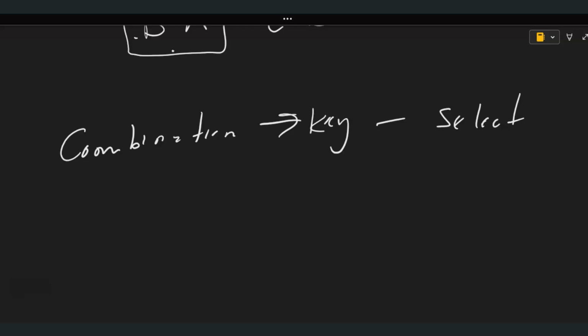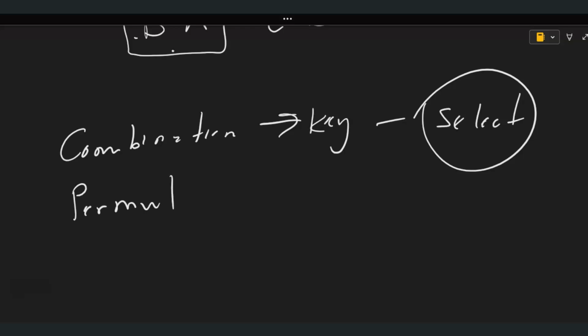I am selecting from. So if you see this word as a keyword, try to connect it with combination. But under permutation, you realize that the keyword there is arranging. Arrange. It has to do with the way I arrange. This is the keyword.